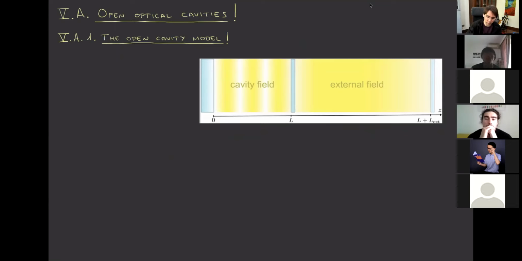And of course, what we will do is that at some point we will take this external space, which will be a cavity, but eventually we will take a cavity with infinite length.